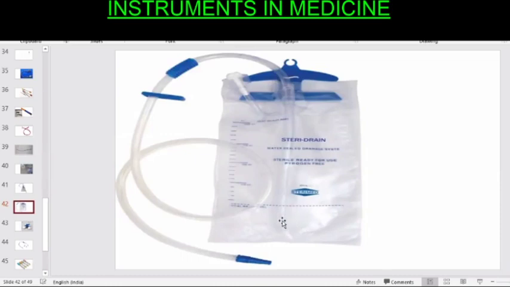So it is like a water seal, and therefore this is specifically used for intercostal drainage. It has an inlet and an outlet also. You can measure the intercostal drainage fluid by the various markings made on the bag. And it has a long tube so that the patient can walk with the ICD while holding the bag also.